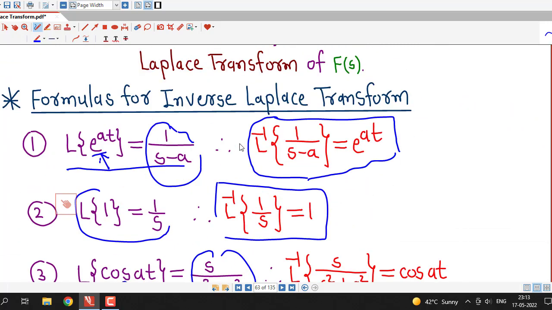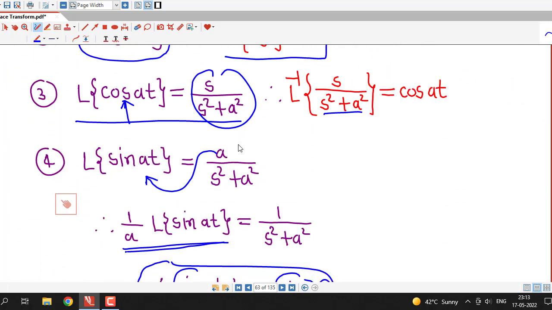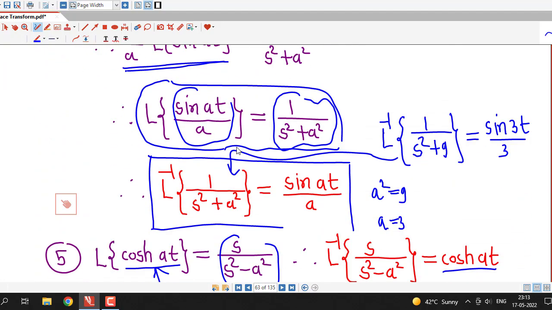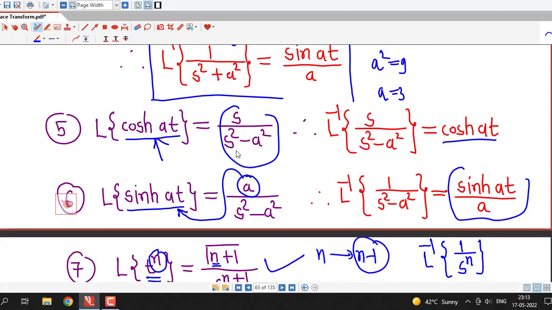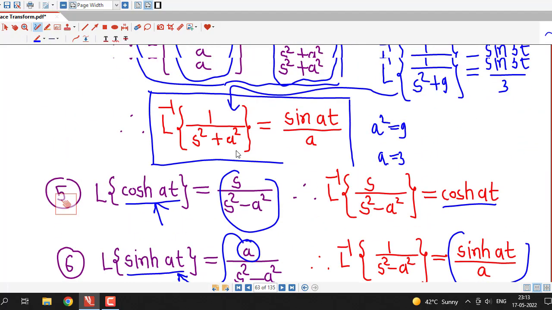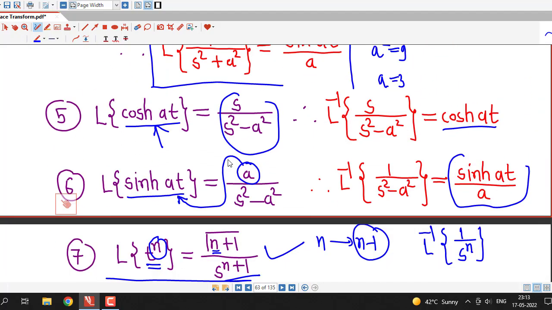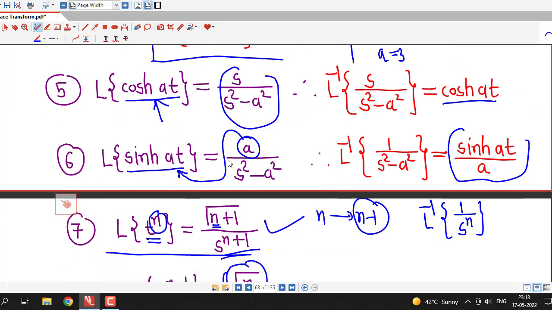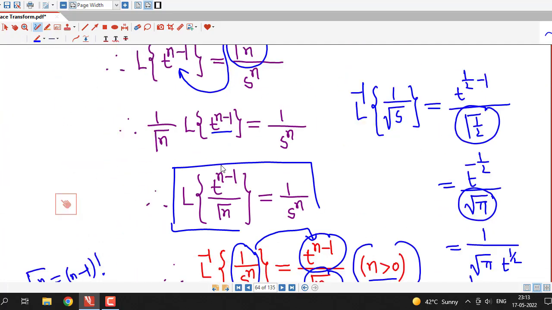So in this lecture we have just reversed all those standard formulas for the Laplace transform. We have written these 7 Laplace transform formulas, and then we have obtained the formulas for inverse Laplace transform.